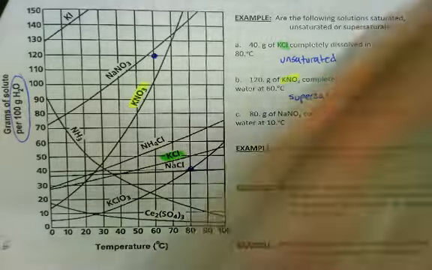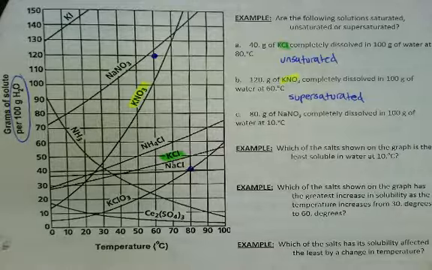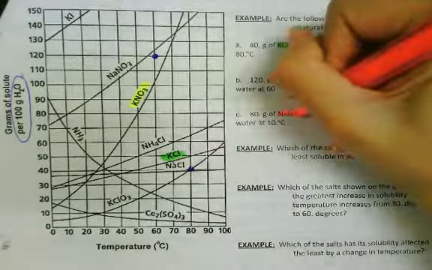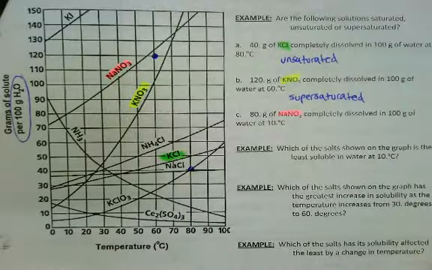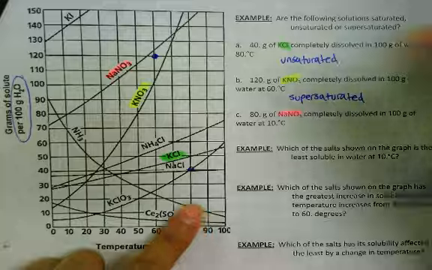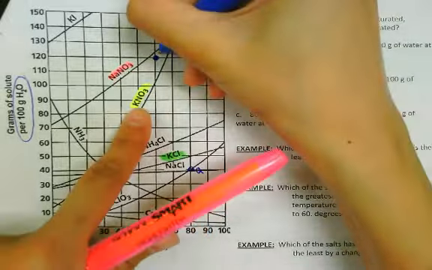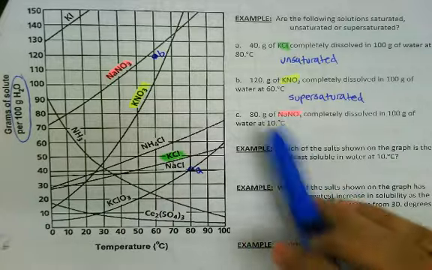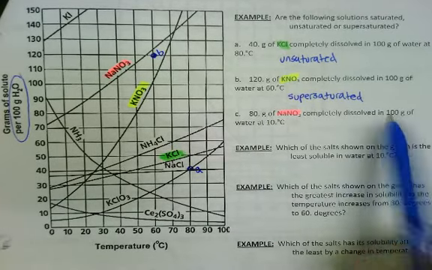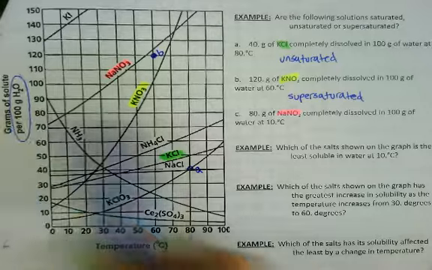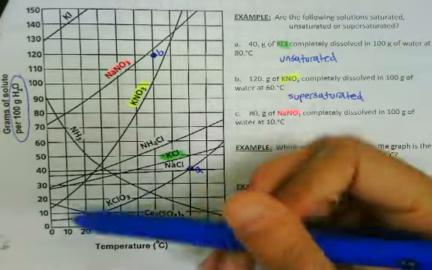And then letter C, let's do a different color. Sodium nitrate here. Letter C. I can even label these if I want to. This is A. This was B. Letter C, 80 grams of sodium nitrate completely dissolved in 100 grams of water, still matches over here, at 10 degrees Celsius.